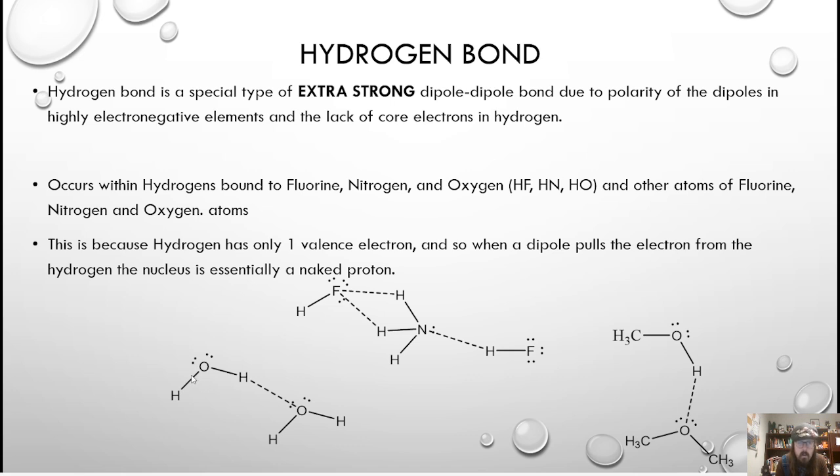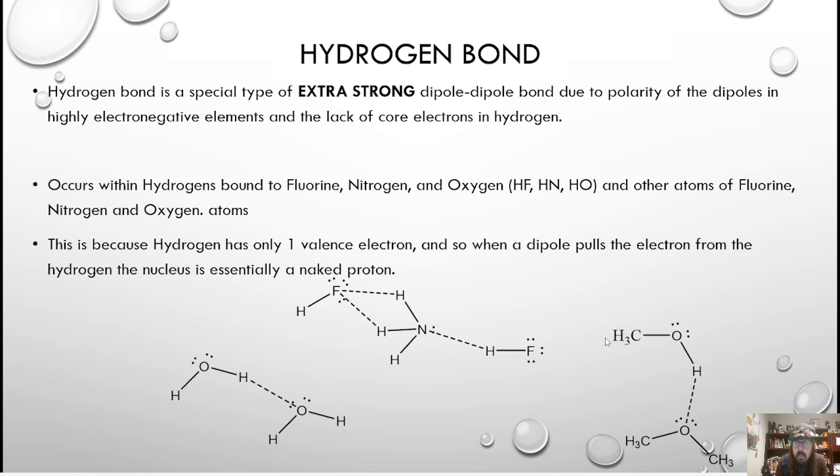So water will hydrogen bond, because it has an OH, with any of the other molecules shown. HF can hydrogen bond with any of the molecules shown. The F can hydrogen bond with the H on ammonia, NH3. And the lone pair of ammonia can hydrogen bond to the H on HF.